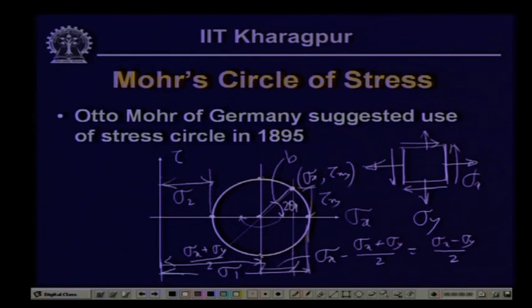And if we look into the planes, this particular plane is representing principal stress, this particular plane is representing maximum shear stress, and the angle between these two is 90 degrees, which is twice of that in the body. And as we have seen, the angle between the maximum principal plane and the plane on which maximum shear stress acts is 45 degrees, which is represented here: 2 theta p is equal to 90, so theta is equal to 45 degrees.